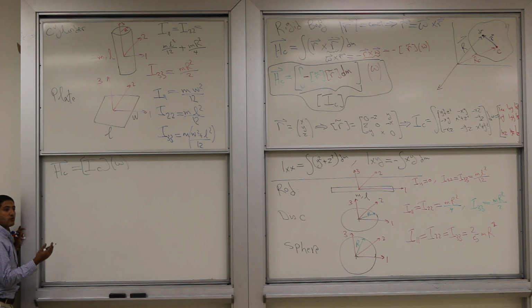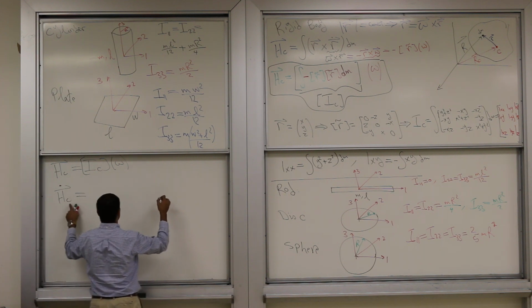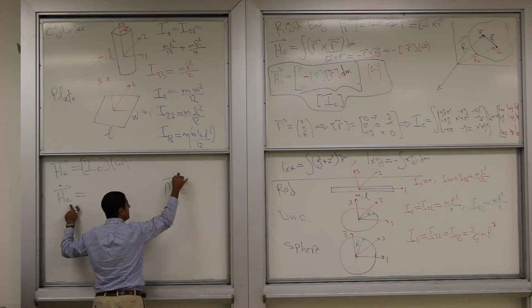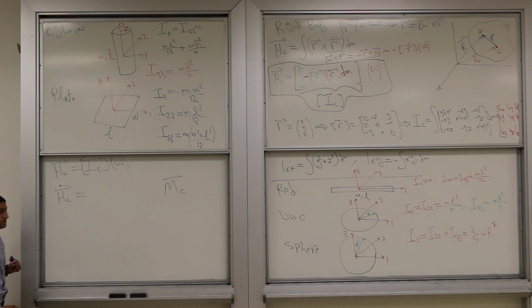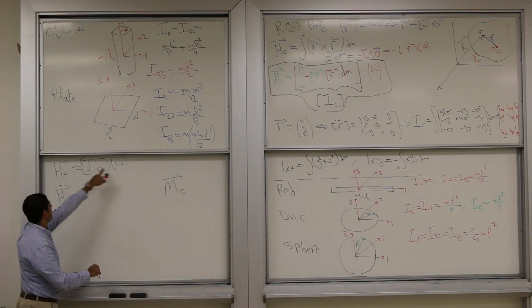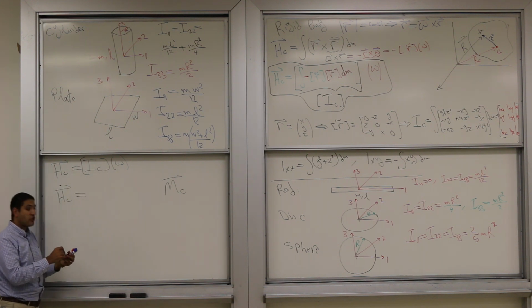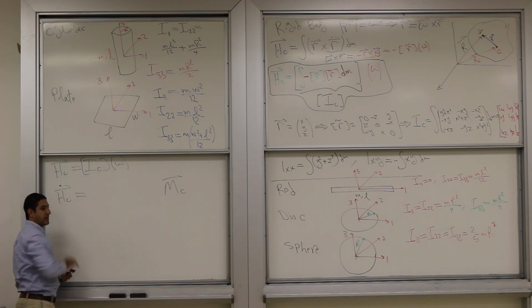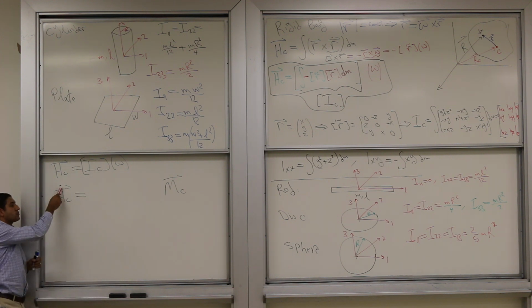And in dynamics, we're always interested in the rate of change of this quantity. I know from the beginning that Hc dot equals what? The rate of change of angular momentum is what? The moment, right? So particularly for the point C, this is simply the moment about C, correct? And now I know that Hc is equal to this, so I'm going to differentiate it, knowing that this is written in the body axis, and I'm differentiating with respect to inertia, always inertia.